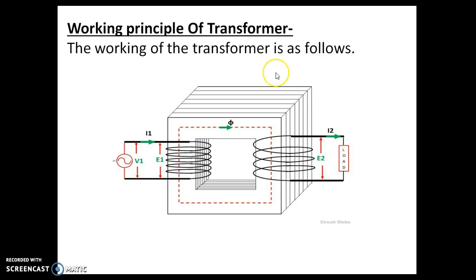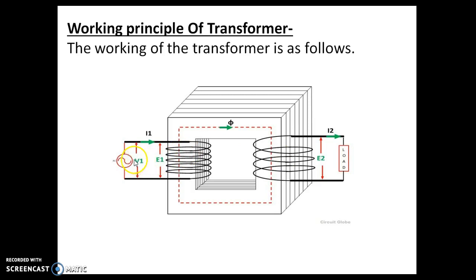For the working principle of the transformer, this is the cross-sectional view of the transformer. It has two windings which are placed in a magnetic core, a high permeability magnetic core. Of these two windings, the one connected to the source is called the primary winding, and the one connected to the load is called the secondary winding.